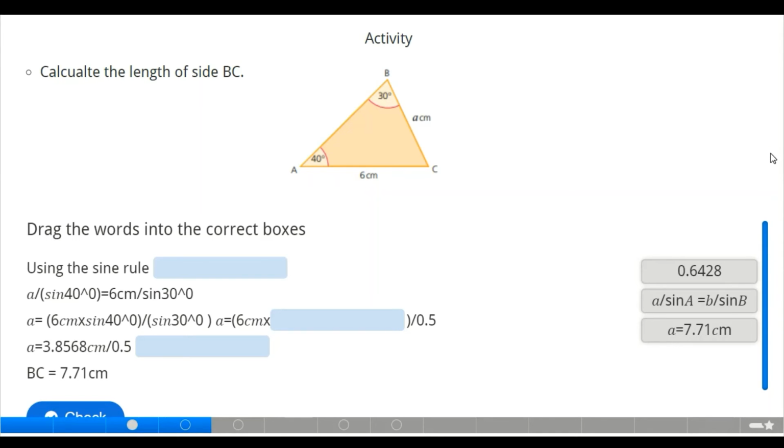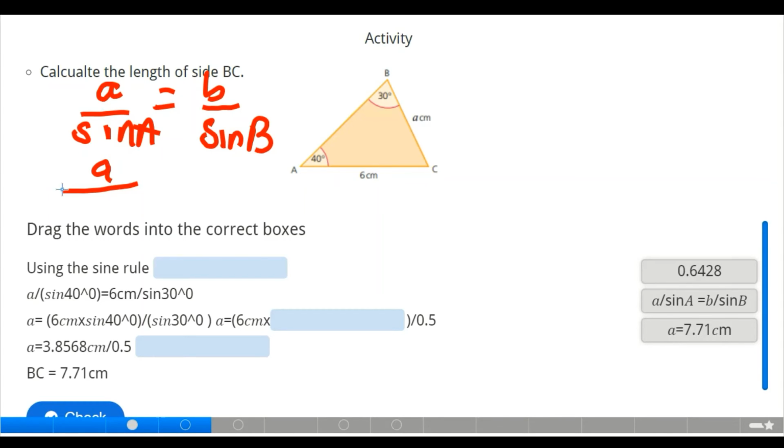If we are doing that, then we are going to be using the formula for calculating the length. We are dealing with two sides here, so we can say that we have small a over sine A equals small b over sine B. Small a we don't know, capital A is 40 degrees, and b is 6 centimeters, where capital B is 30 degrees.